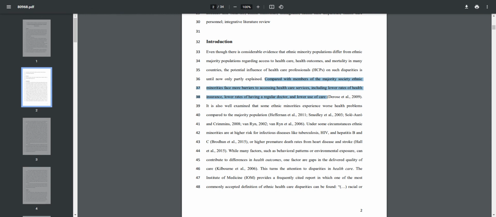So you want to cite the information that you're saying, this is what has been known. Otherwise, if you do not cite it, it brings up the question, so how do you know this? Your knowledge didn't come from the air. It came from somewhere. So where is that information?